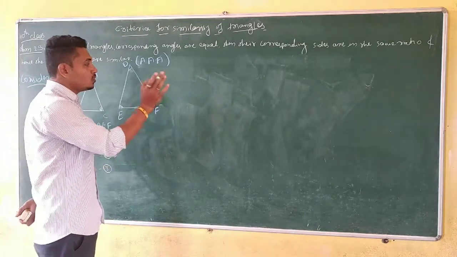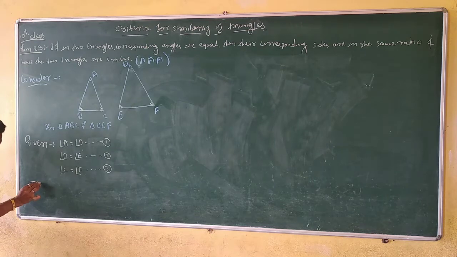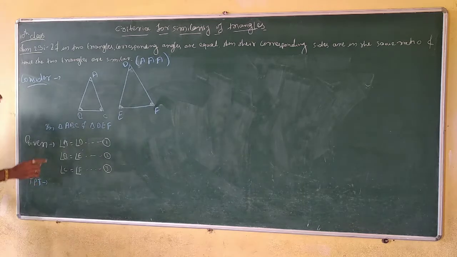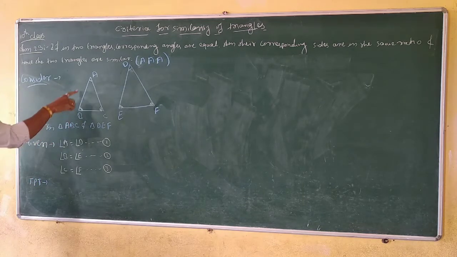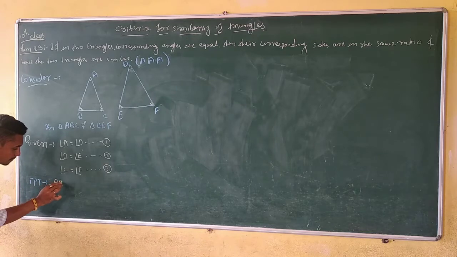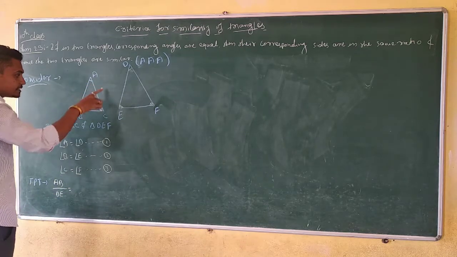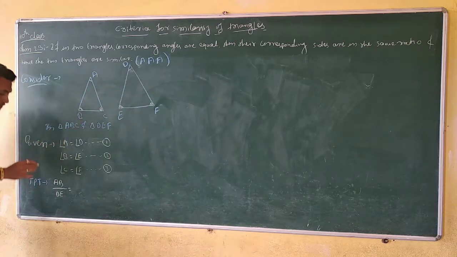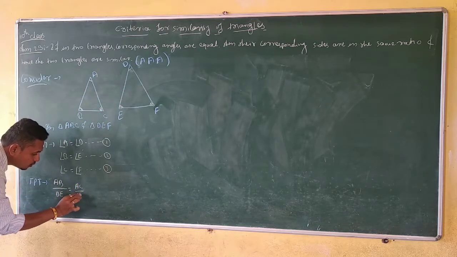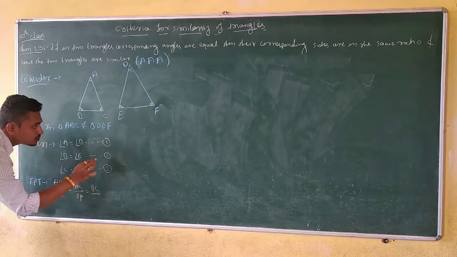To prove that, TPT means to prove that side AB corresponding to side DE is equal to side AC corresponding to DF, and this ratio is equal to BC corresponding to EF.